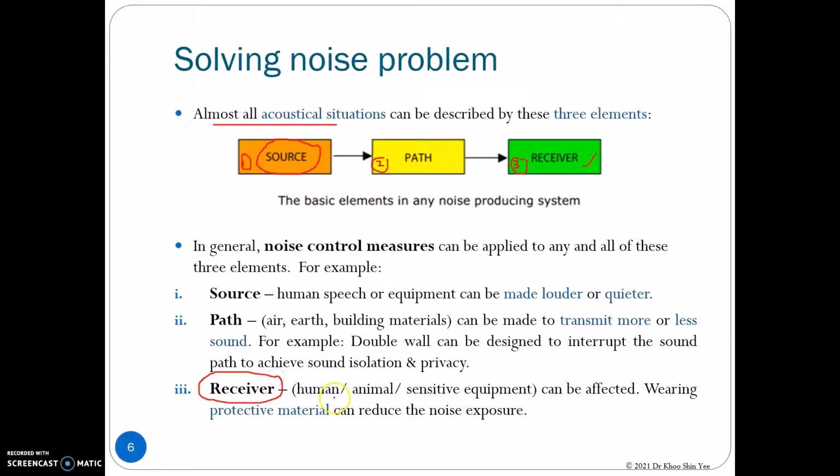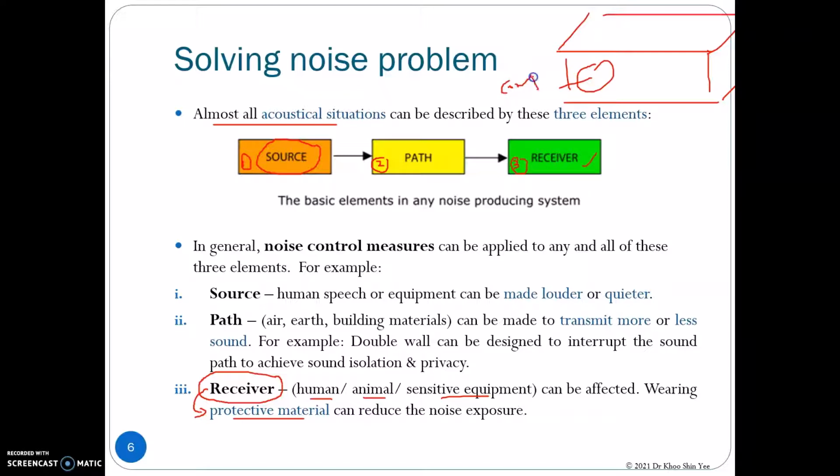You can see here, the receiver is not only the human, it can also be an animal or sensitive equipment that is affected by the noise. One of the ways to control the noise at the receiver is to wear some protective equipment. Imagine that you are walking inside a workplace where you have expensive equipment such as a compressor.